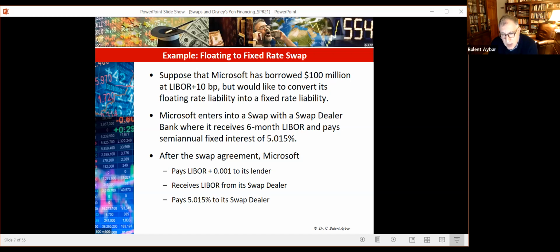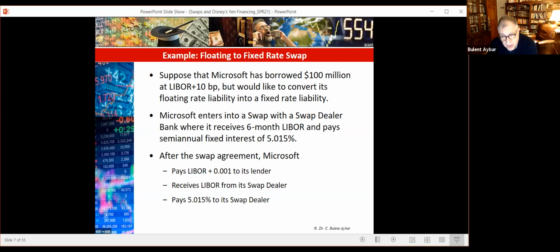So swap dealers can take both positions. They make the markets in both directions. So depending on the needs of the players in the market, they facilitate the transaction.